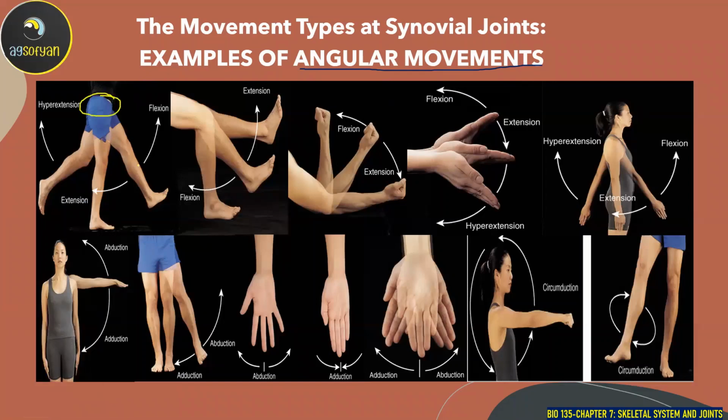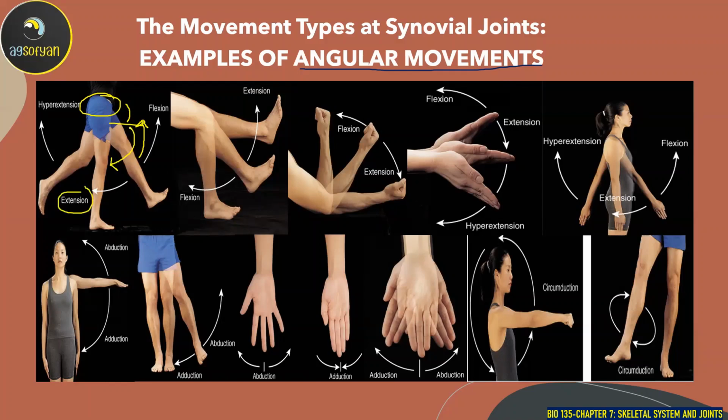You can flex the hip, and what happens? The angle becomes lower, from let's say 100 degrees to maybe 90 degrees. That's flexion. If we increase the angle, let's say from 90 to 180, this is what we call extension.